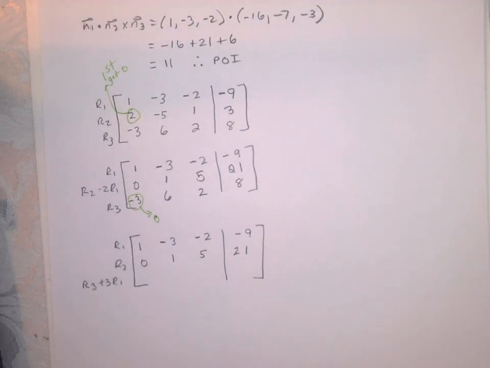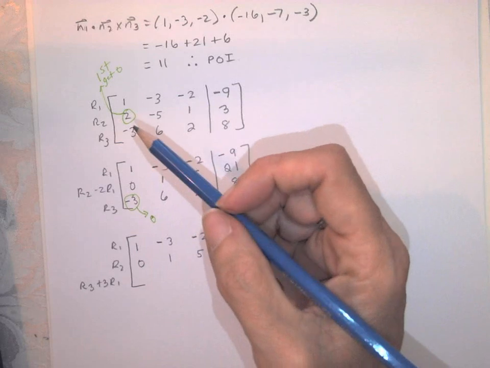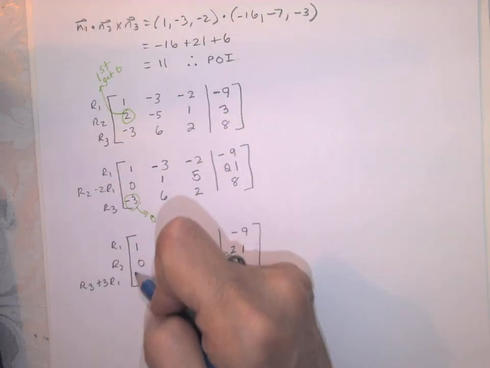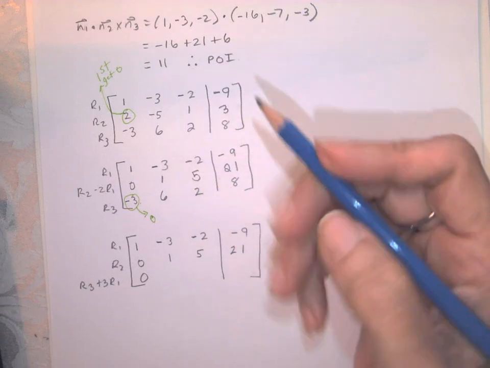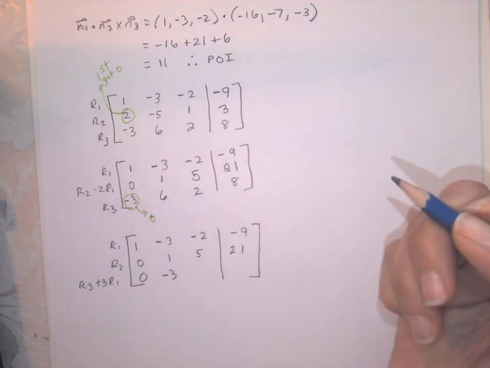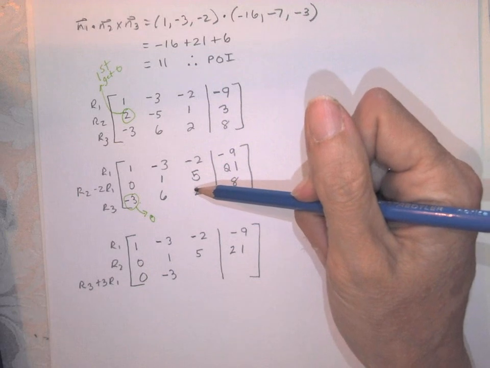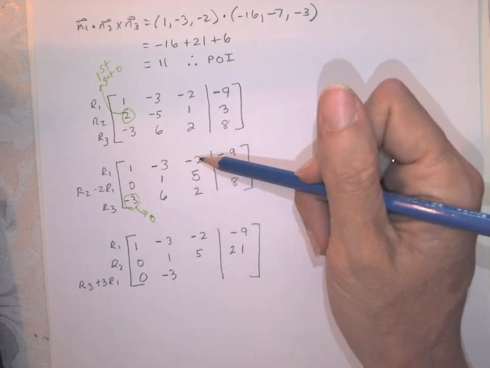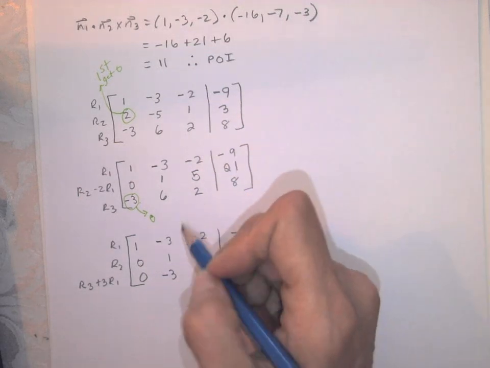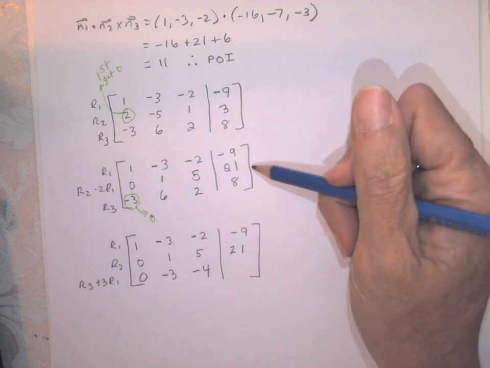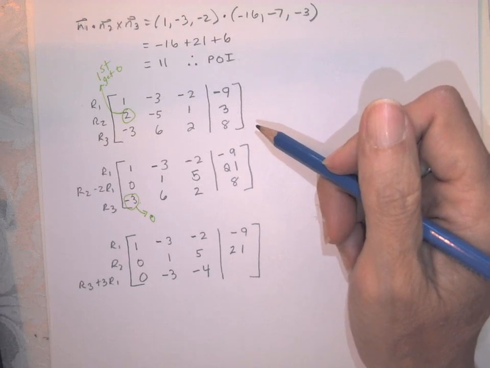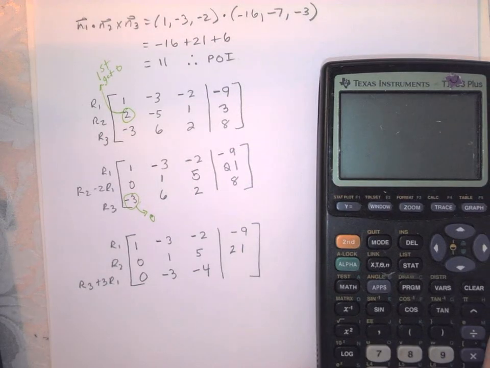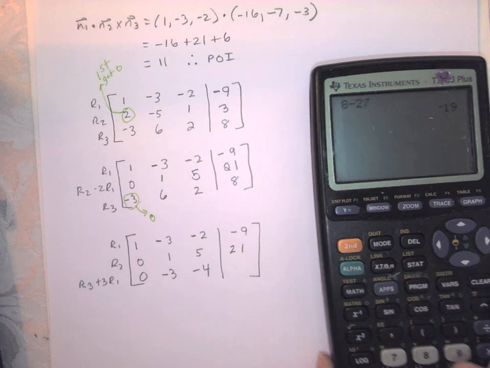Okay, so I'm doing negative 3 plus 3 times 1 is 0. 6, if it turned out to be minus 9, is negative 3. 2 plus negative 6 is negative 4. And 8 minus 27 is negative 19, I think. Yep, negative 19.